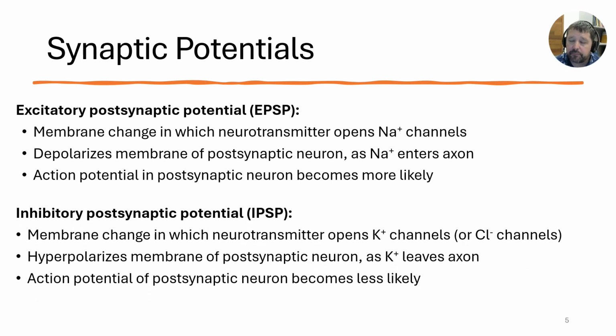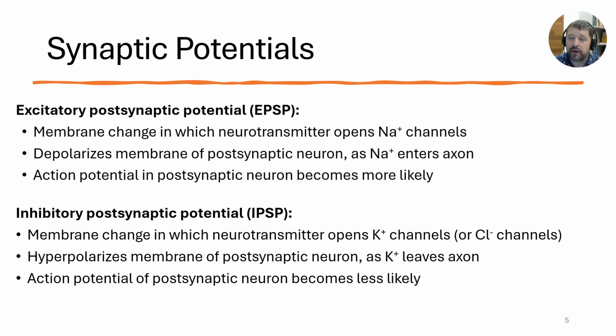Inhibitory postsynaptic potential, or IPSP, is really kind of the opposite effect, but it's not that all the sodium channels are closed. Yes, some of them are closed, but it's more like you open up potassium channels or chloride channels, so you have the opposite effect.